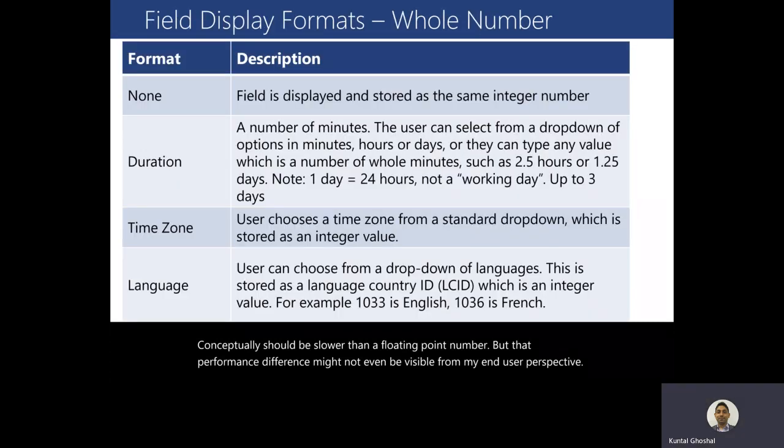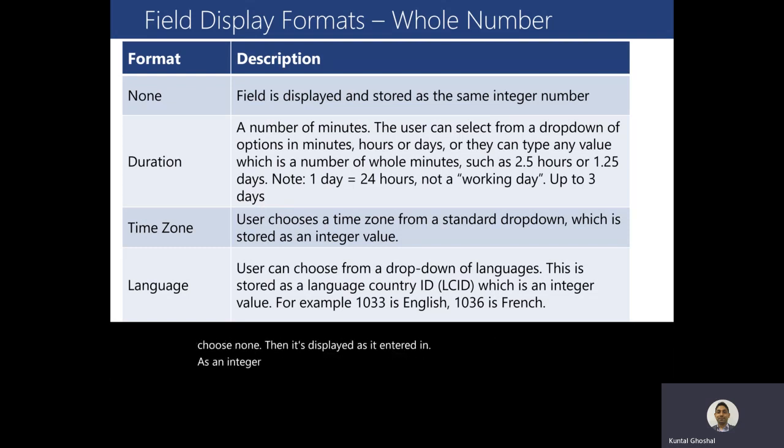Now for a whole number, these are the display formats. If you choose none, then it is displayed as it's entered, as an integer value. You can also choose duration, which is a number of minutes, and the maximum is around 3 days. You can also choose time zone as the display format, and in that case, it will be displayed as a standard dropdown.